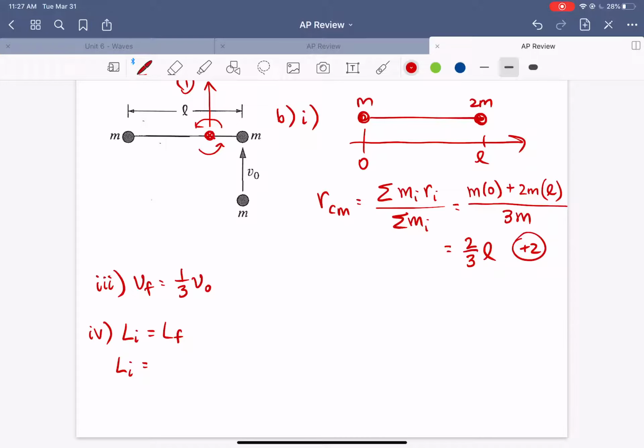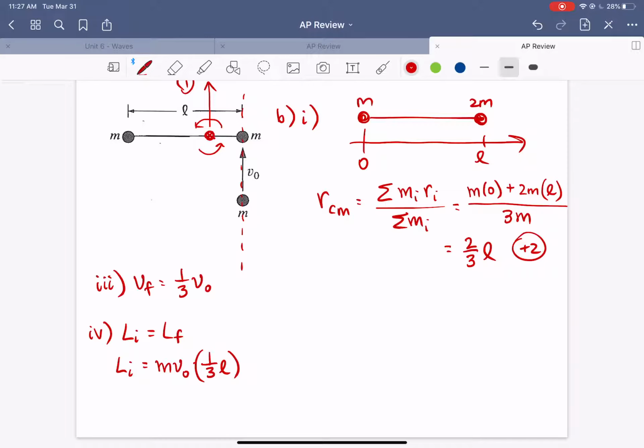So to measure the angular momentum with respect to the center of mass, we take the linear momentum of the object and we multiply by the perpendicular distance from that center of mass. So we found out that the center of mass was 2/3 L away from the left end. So it is 1/3 L away from the line of motion of this incoming mass here. Okay, so that is the initial angular momentum.